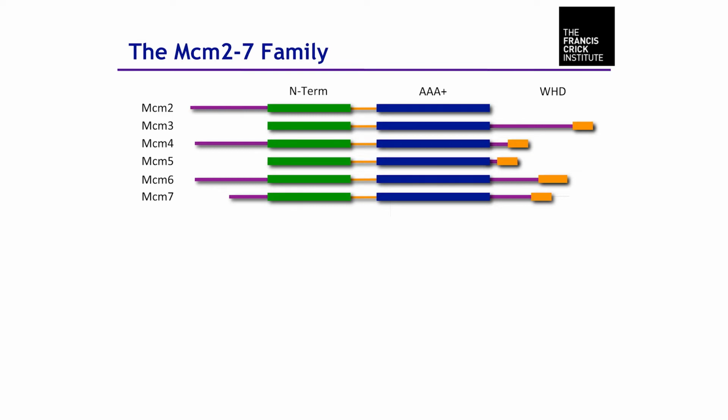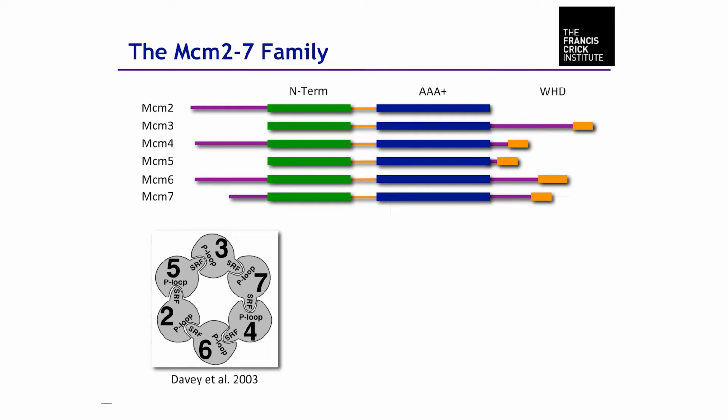So I said they're all essential, and one of the reasons is that they all occupy a specific place in the ring. So this is the order of them in the ring, and if you don't have, for example, MCM3, MCM2 can't sit in place of it. So they all have unique places in the ring. And this also just points out what AAA plus ATPases are, how they work.